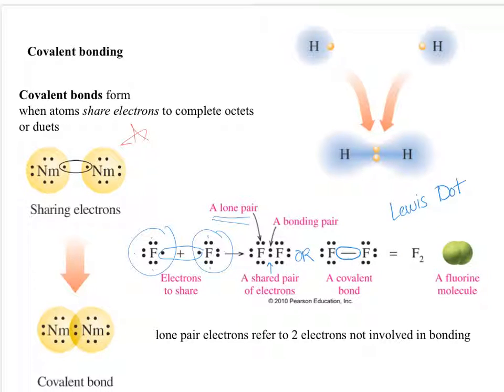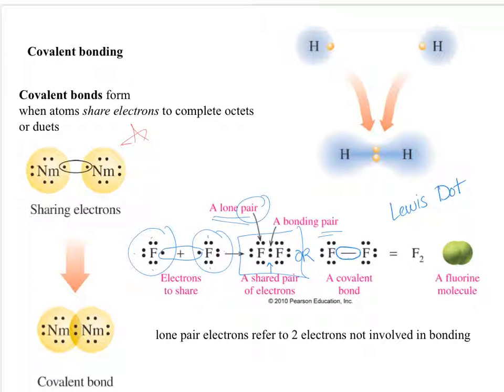So if we're looking at the whole thing here, each fluorine atom in the molecule has 3 pairs, or 3 times 2, total of 6 non-bonded electrons. But we typically deal with electrons in pairs, whether it's a bonding pair, meaning they're being shared between atoms, or a lone pair.